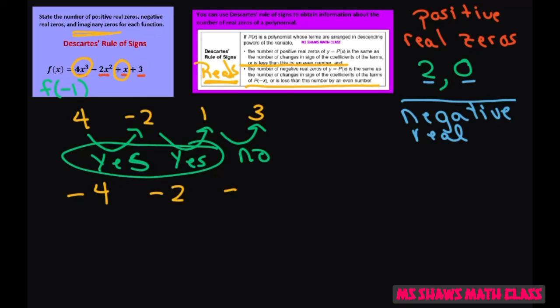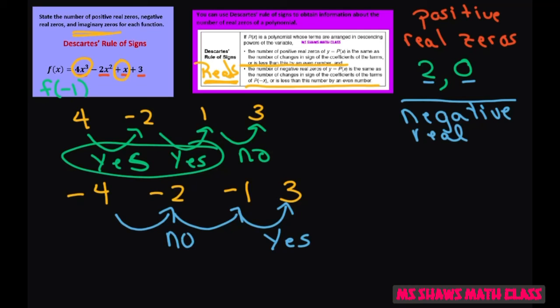Then we're going to have negative 1 and 3. All right, so now it doesn't change signs till here. This is where it changes signs from negative 1 to 3. Here it doesn't change signs, and so that doesn't change signs. The only place it does is here, which is 1. So we have exactly 1 negative real zero.